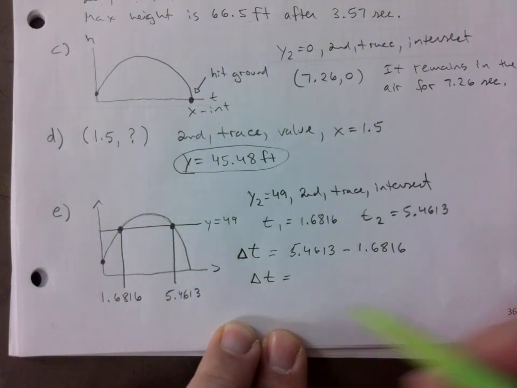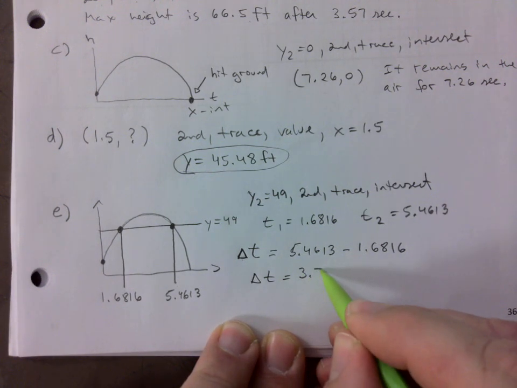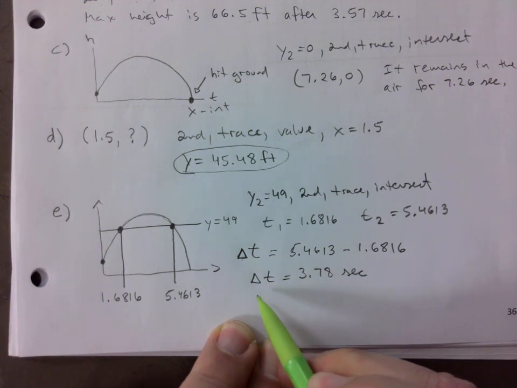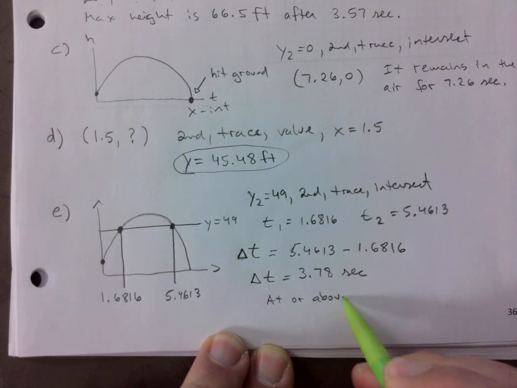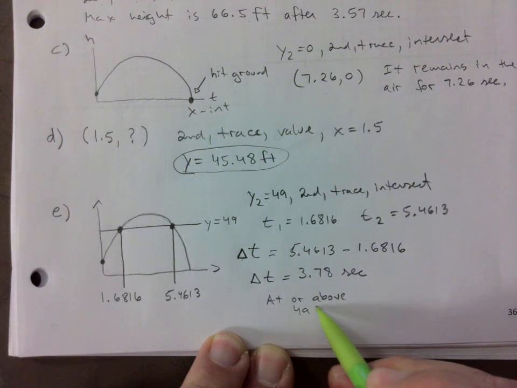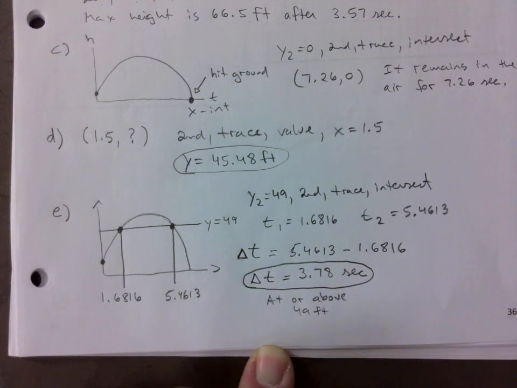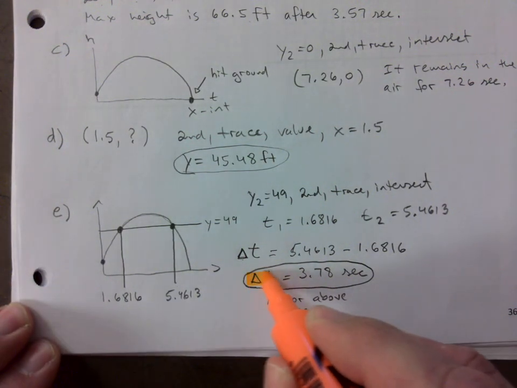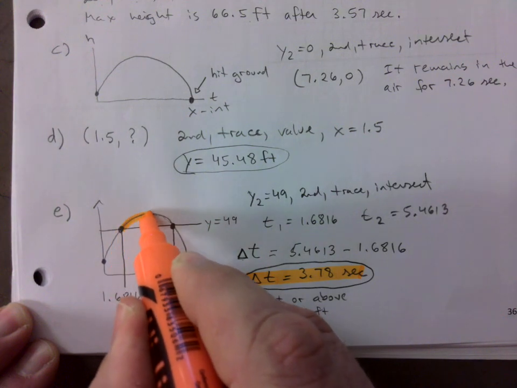So if you do this, you get 3.78 seconds at or above 49 feet. This is your final answer here. I'm going to use a highlighter here. This time is what was spent here.